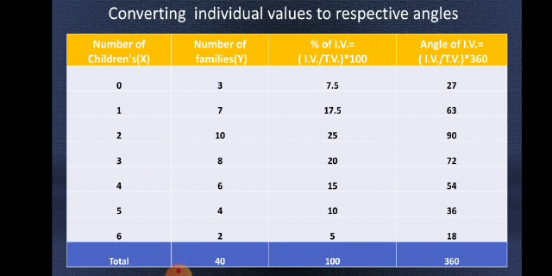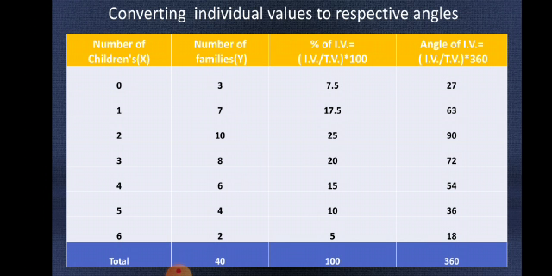We have the number of children in the first column and the number of families in the second column. In the third column, we have converted the 3. What is the percentage of 3 out of 40? That is 7.5%.